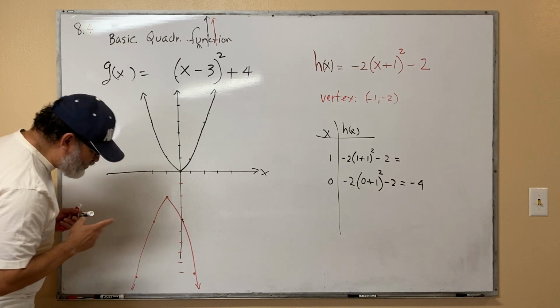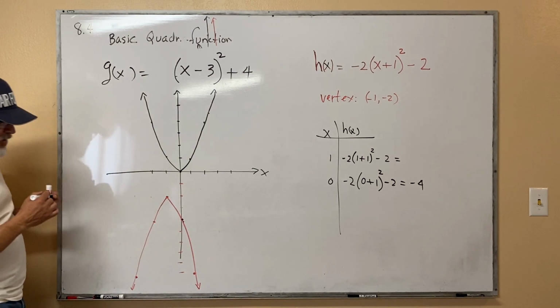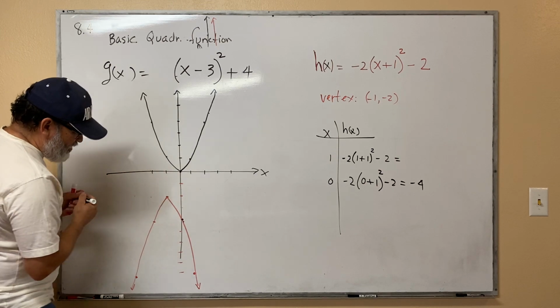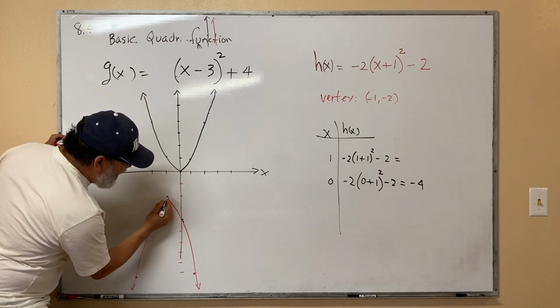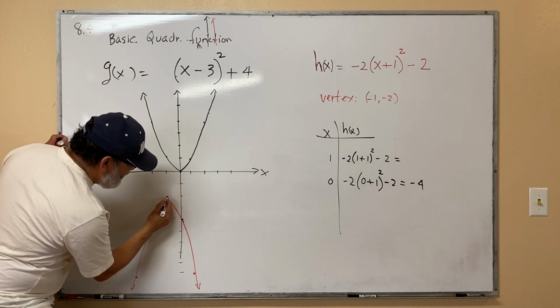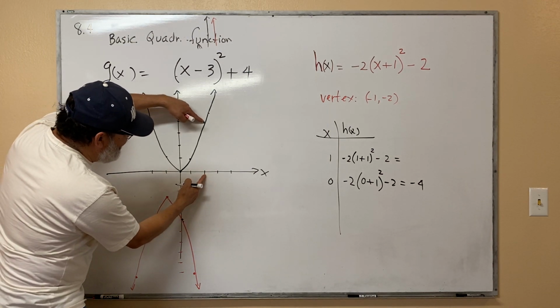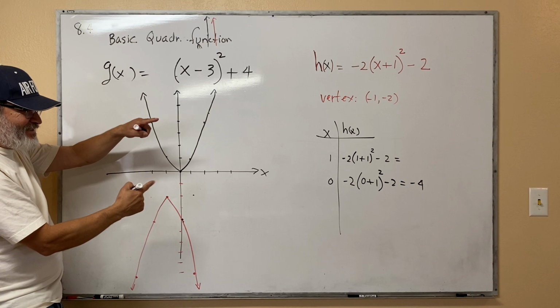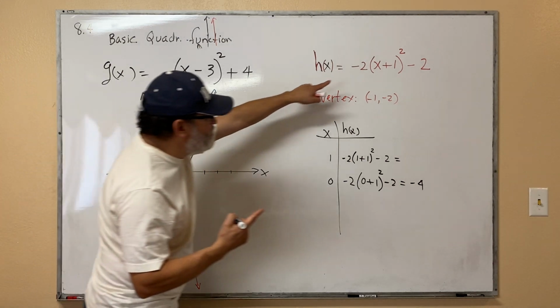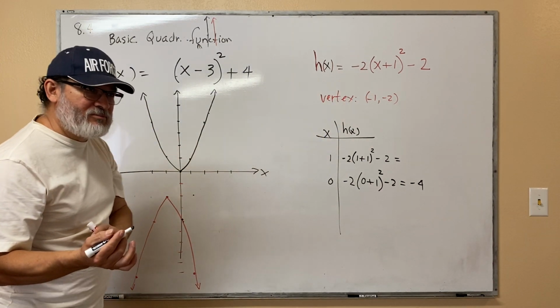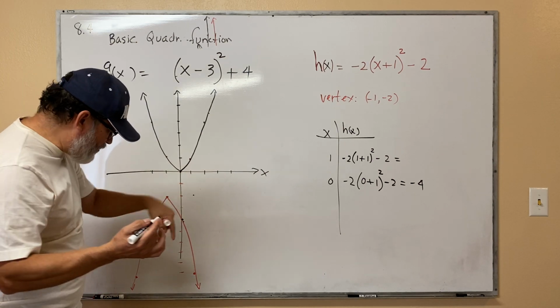So here's what happened. Let me just show you. 2 to the right, there, it should be 4 times -2. What's 4 times negative 2? 8, right? Down.